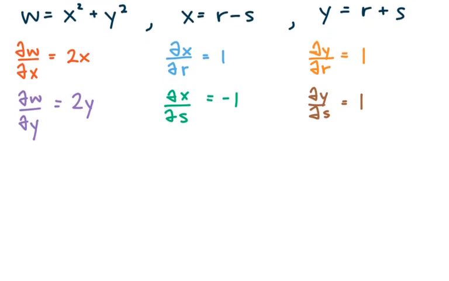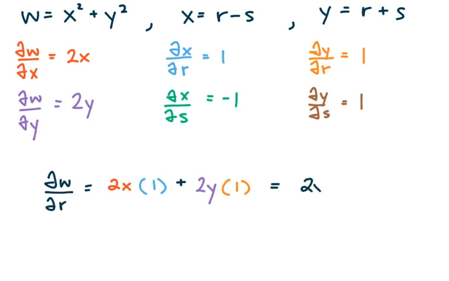So I find all of those partials, then I can say dW dR, so that's partial of W with respect to X, 2X, times X with respect to R, which is 1, plus the partial of W with respect to Y, which is 2Y, times the partial of Y with respect to R, which is 1.